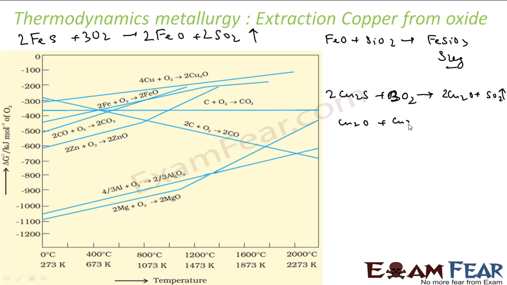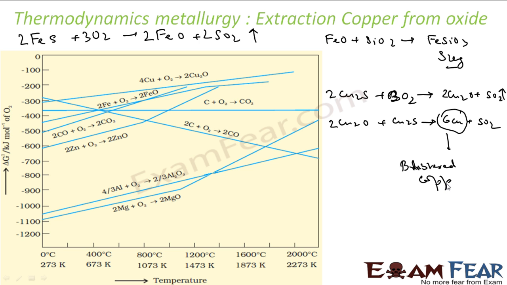You can either react this with Cu2S to form copper and SO2, or you can actually use carbon also. And please note, the solidified copper obtained with this process is called blistered copper.